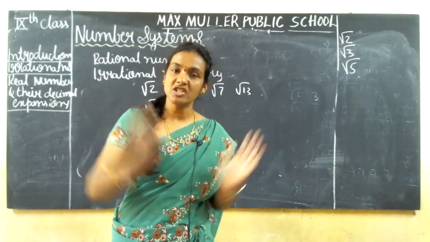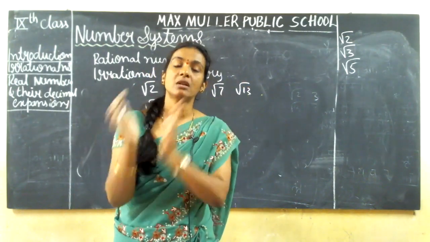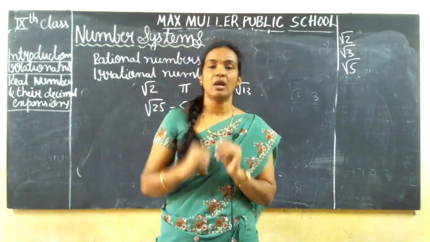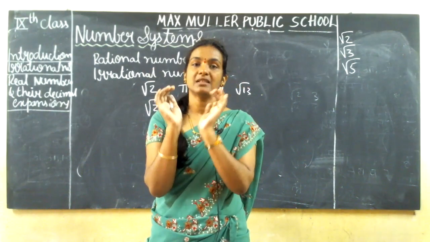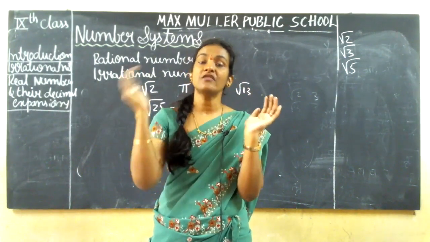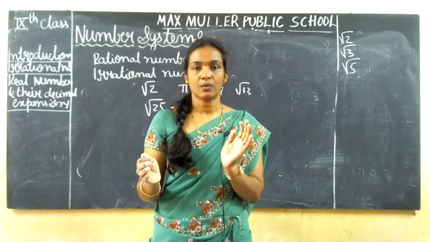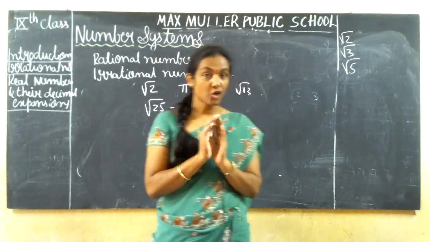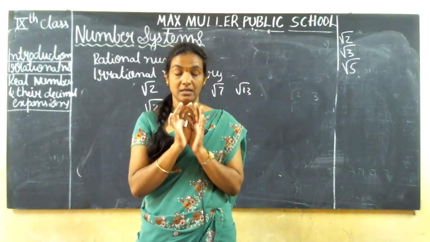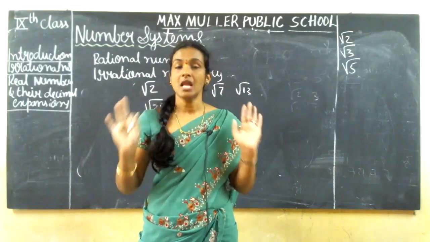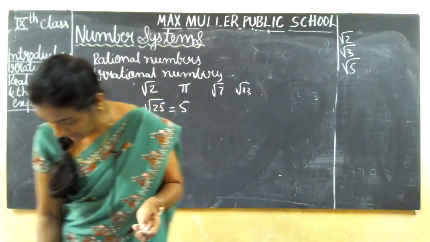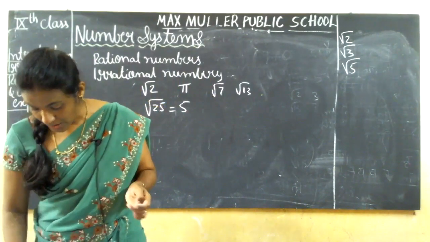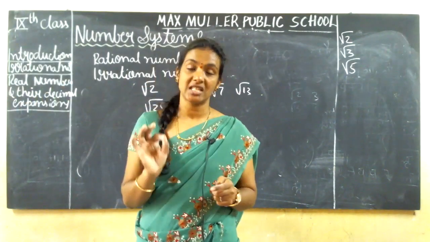Why? Because integer means the collection of natural numbers, whole numbers and negative values. Natural numbers means the collection of counting numbers on the number line. Whole numbers means the collection of natural numbers including 0. Understood? I hope it is clear. Rational and irrational numbers. Okay. So next comes here. So this was about our last class.